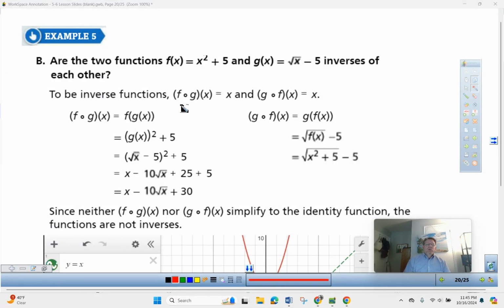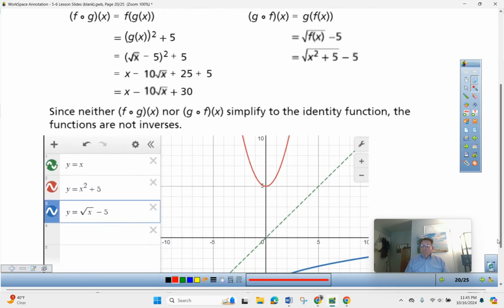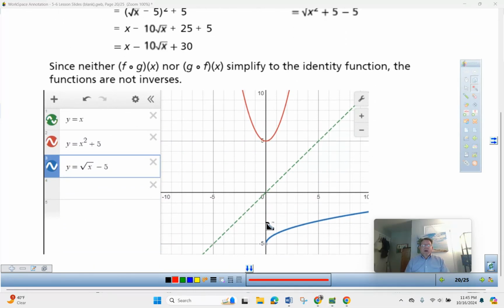Okay, so we work and put f of g of x and work all that out, and you get this expression here, not x. We do it in reverse again, not x. They're not even the same thing. So that's how we verify it by algebra using composition of functions, okay? But you can also verify or prove by the graph.